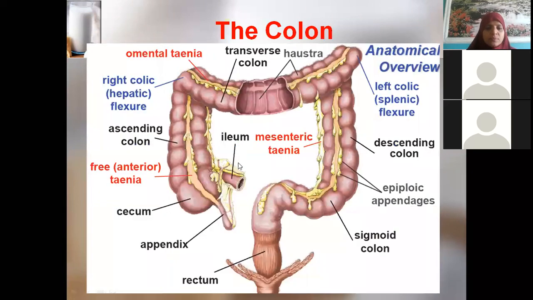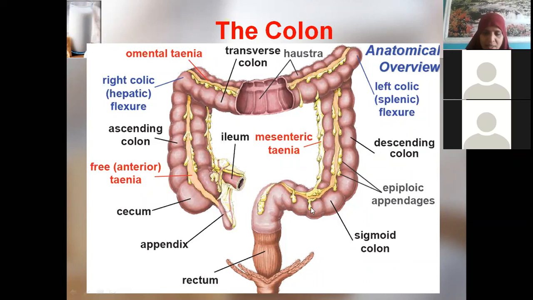Now see here, when you look at the large intestine, you will find certain features like this. Are you finding the round structures? That means it is puckered, showing round bulges.